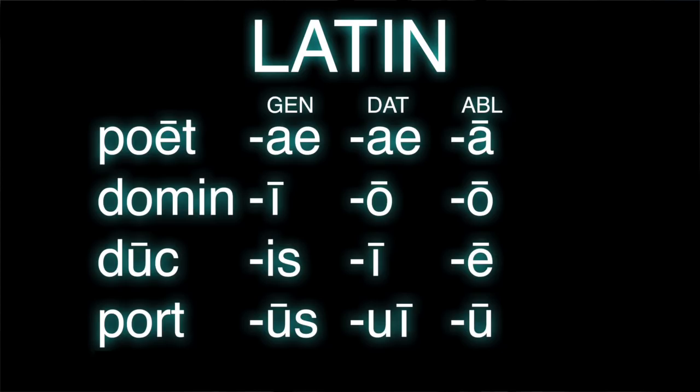Now we have three separate forms. So a distinct genitive, dative, and ablative singular, and they look like that. And then finally, for the last one, you have another one. This is, remember, portus. Three separate forms that are distinct, but now the genitive singular form looks exactly like the accusative plural.